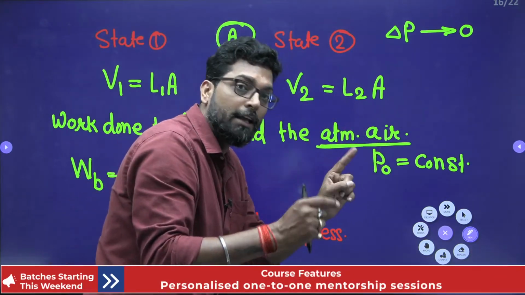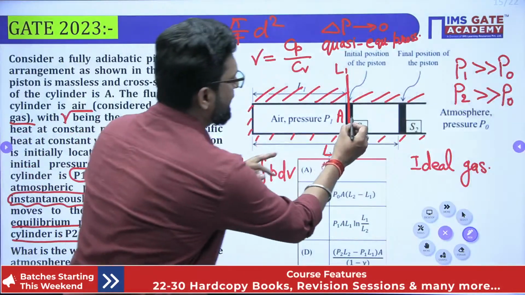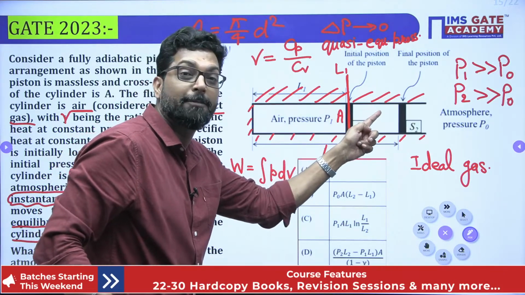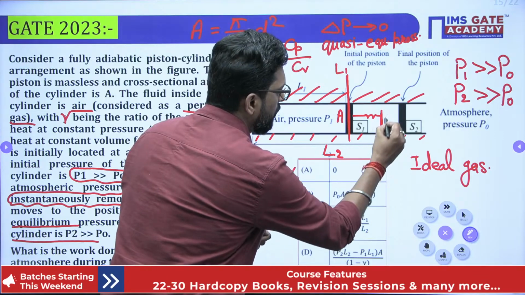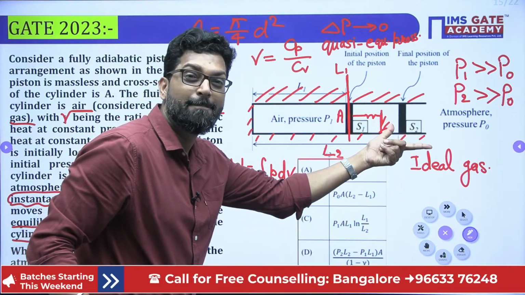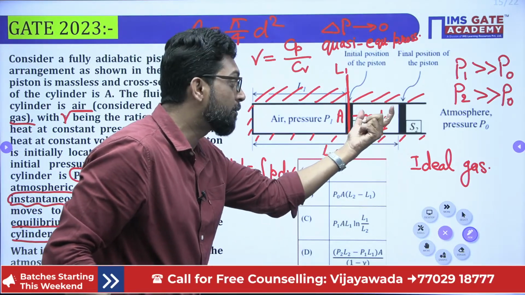If we install a spring here somehow, then in that condition we cannot put the atmospheric pressure. But here there is no spring, only the atmospheric pressure. Why?